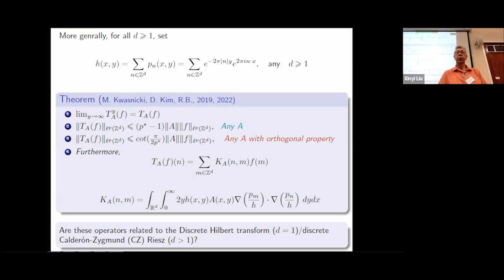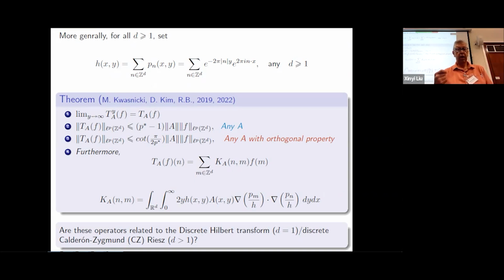Furthermore, you can compute the kernels, and the kernels are a bit more complicated. There's an H here, there's an H here, there's an H here. And since we don't have a nice formula for H, it becomes a bit of a challenge now to determine what these operators are, which is really the key question.